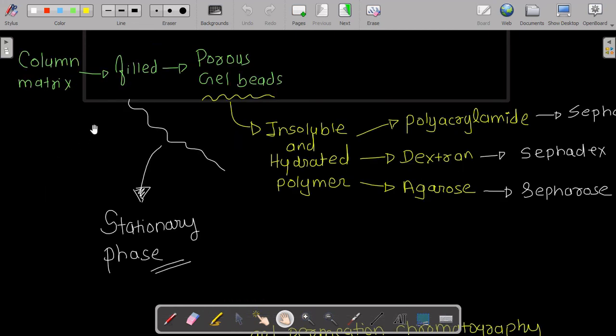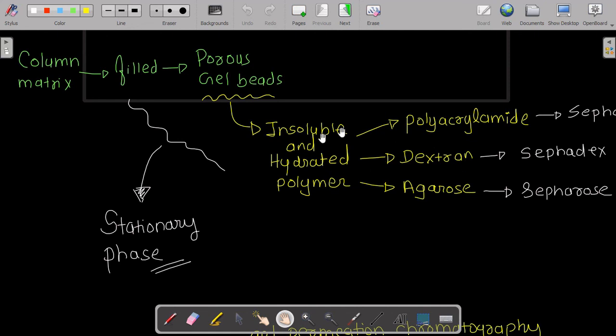In this technique, a column matrix is filled with porous gel beads. These porous gel beads are made up of insoluble and hydrated polymers such as polyacrylamide, dextran and agarose.